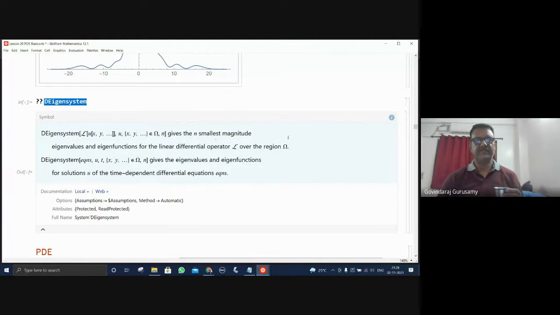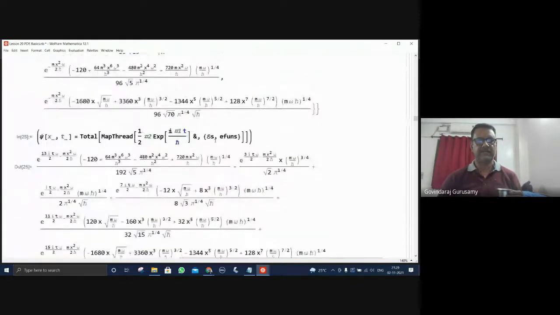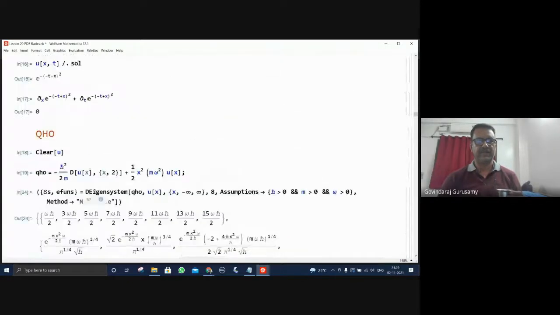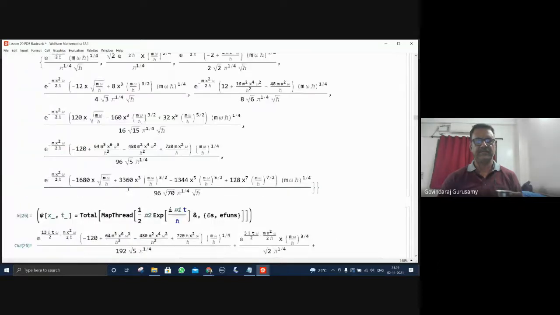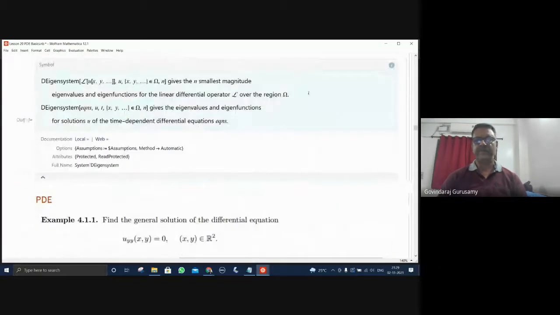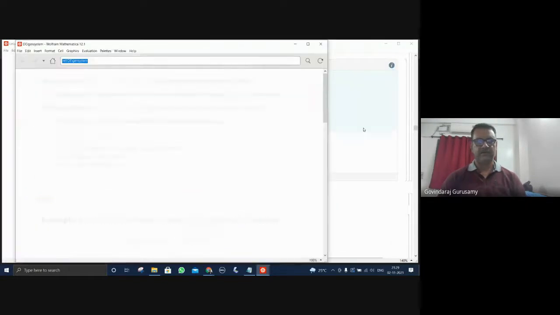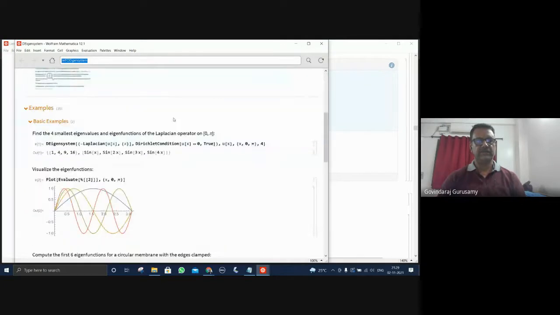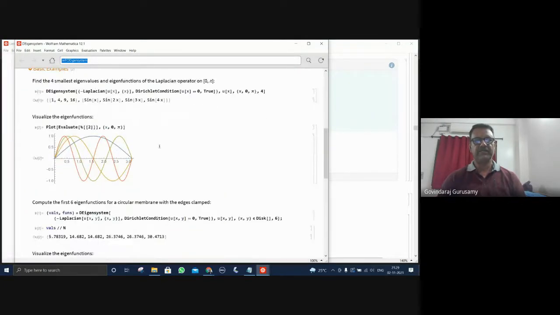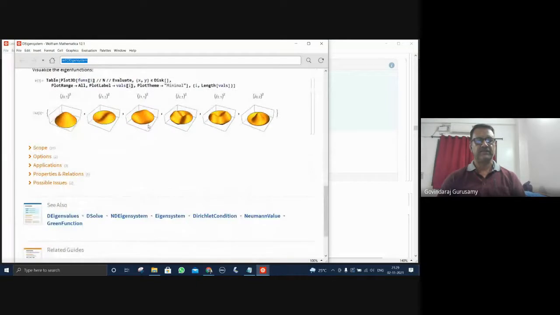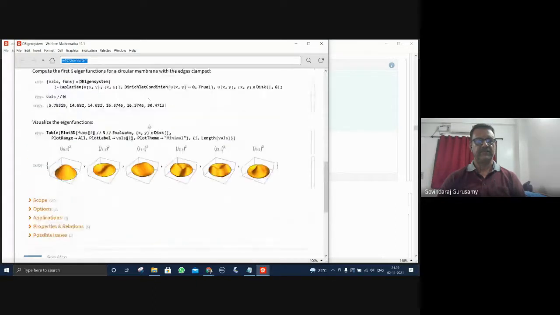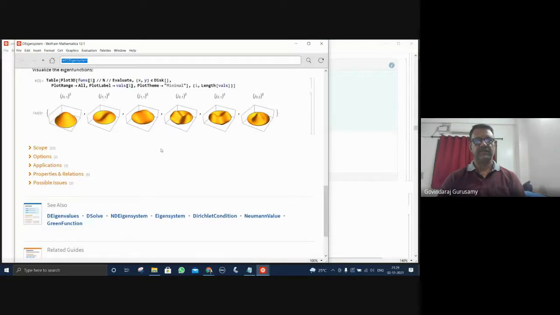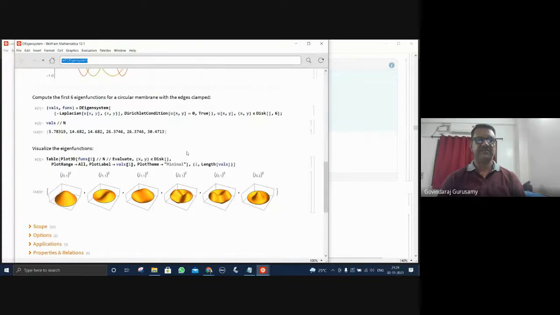Differential equations also have eigenvalue problems that are being solved like this. The DEigensystem has been given here, and one can go there and look at this equation and see the number of applications with all possible differential solutions, PDE solutions. You can really enjoy them.